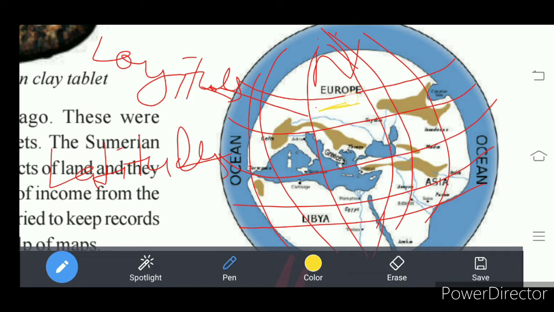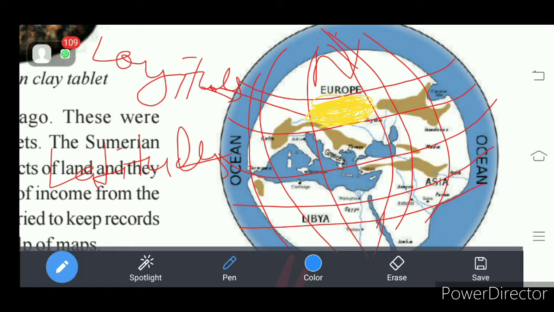I am shading with yellow color. Here some area I shaded with yellow color, and that place is formed with the help of latitudes and longitudes.